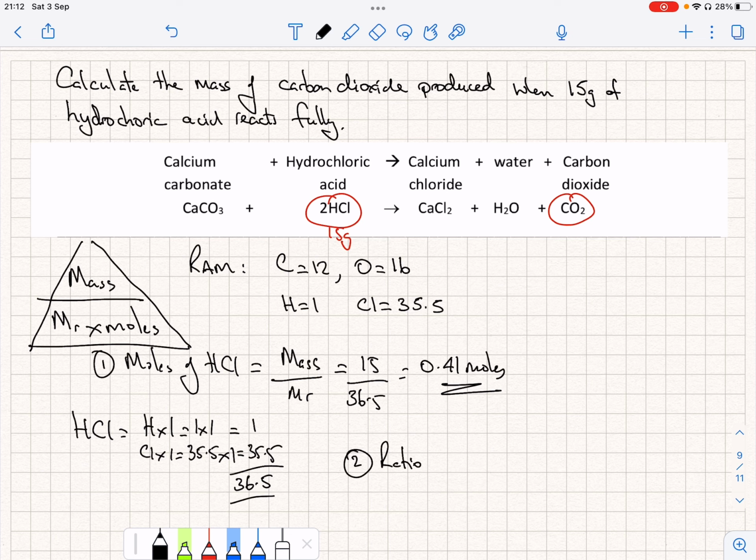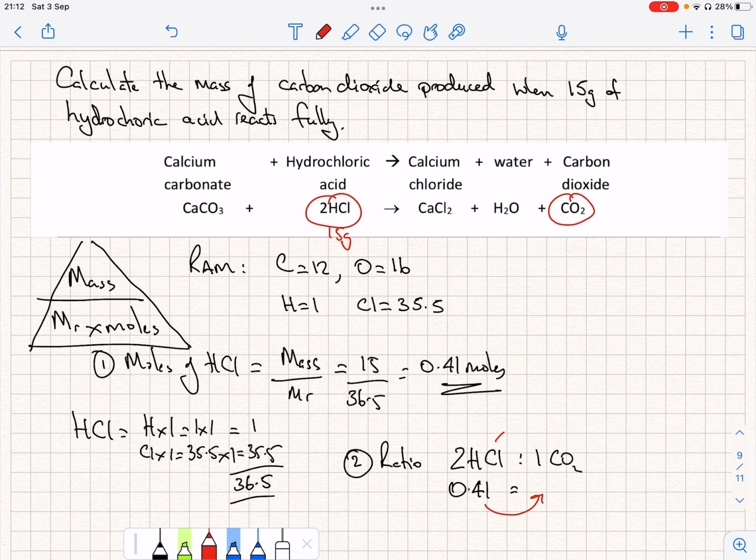Okay. Next step, step number 2, is going to be the ratio. So from the balanced equation, we can see that we have got 2 moles of hydrochloric acid making 1 mole of carbon dioxide. So the ratio is 2 lots of HCl making 1 lot of CO2. We've just worked out that we have got 0.41 moles of this. So how much of this will it equal?